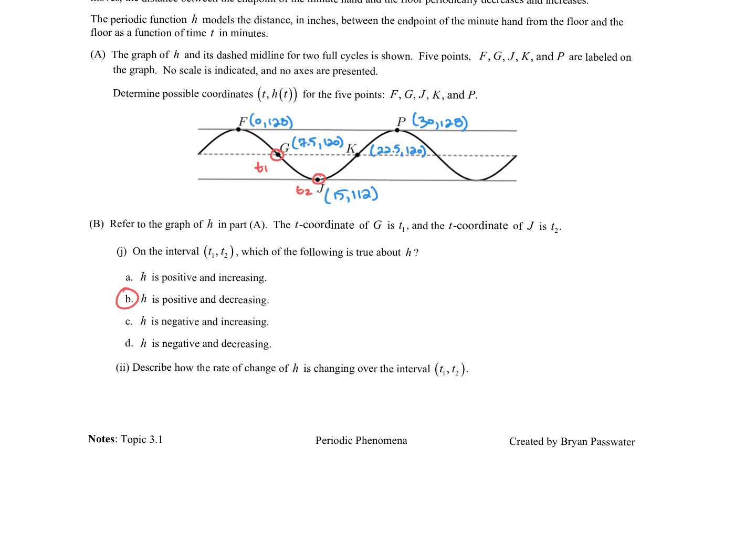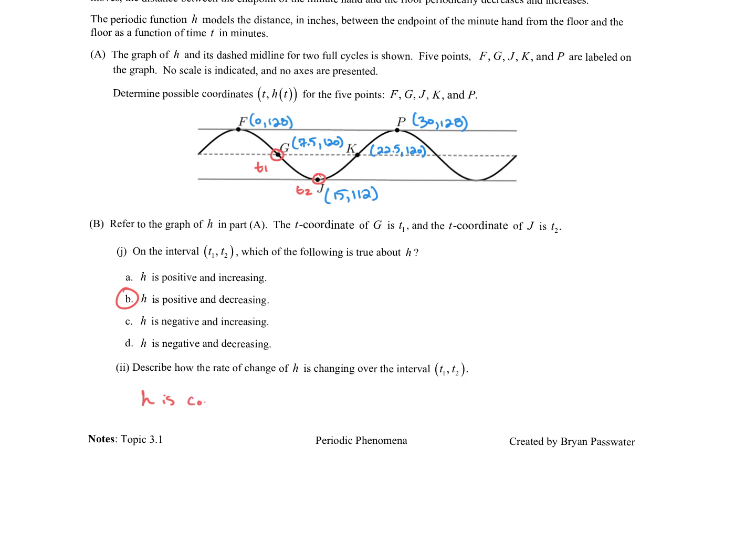Keep going. Describe how the rate of change of h is changing over the interval t1, t2. All right. So this is saying the rate of change of h is changing. So it's basically a rate of a rate. Now, what's a rate of a rate? It deals with what? Concavity. All right. And so this is the way I want you to write it. And so what is h doing from g to j? I want to talk about its concavity. Is it concave up or concave down from g to j? Concave up.